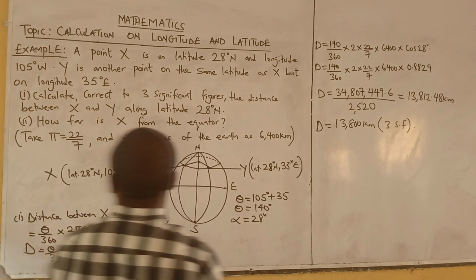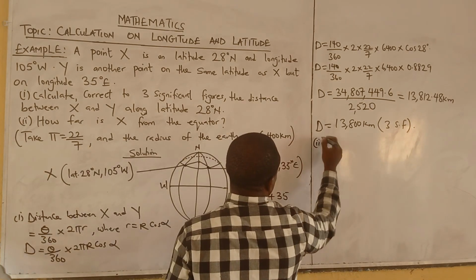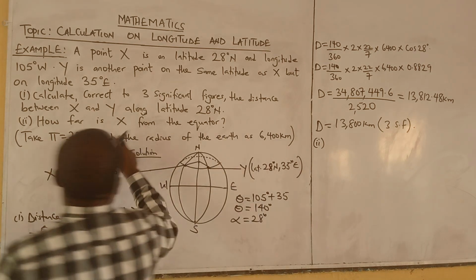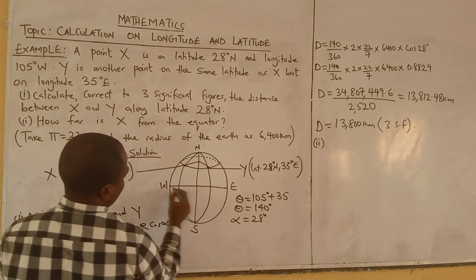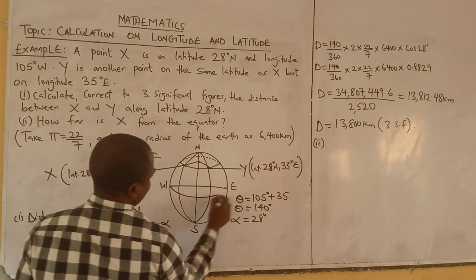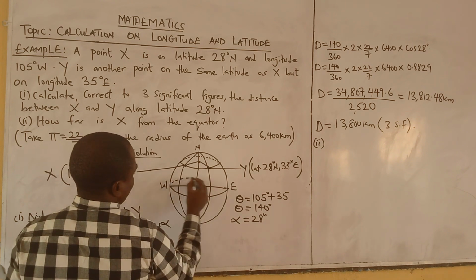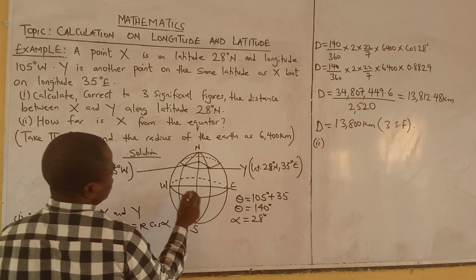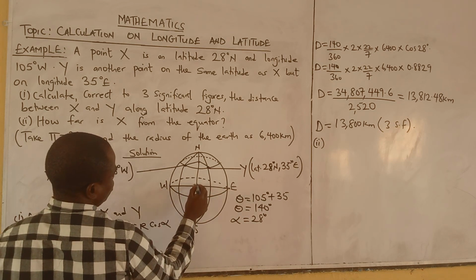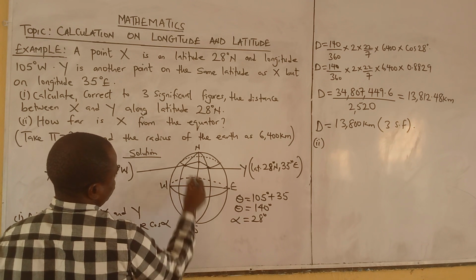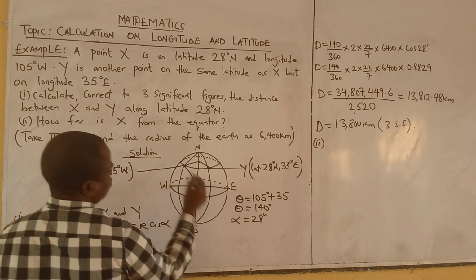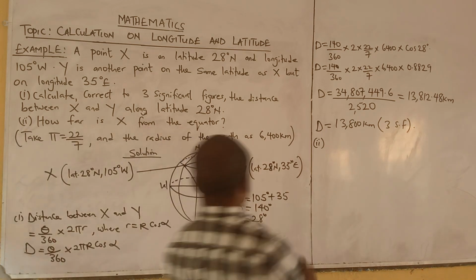Now, the second part of the question, we are asked how far is X from the equator? Look at the equator. See our equator. How far is X from the equator? Okay.